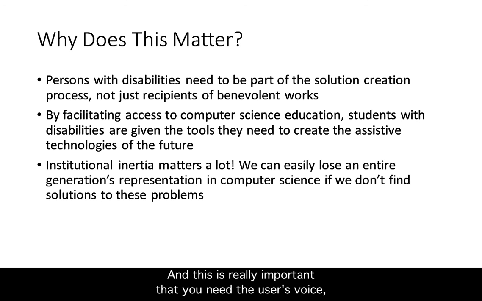And this is really important, that you need the user's voice, and if they want to then contribute to the solution, we need to make computer science available to everyone so as to allow them to do that. By facilitating access to computer science, we're giving students tools to help get assistive technologies written for themselves, but also to generate technologies for their friends and colleagues, right? And that's incredibly important as well.